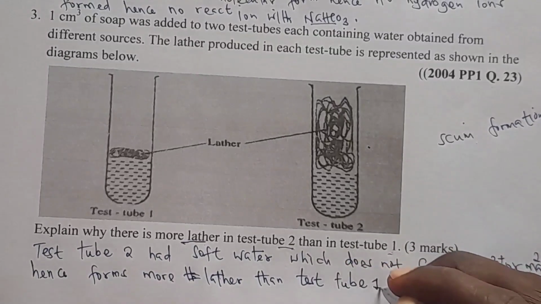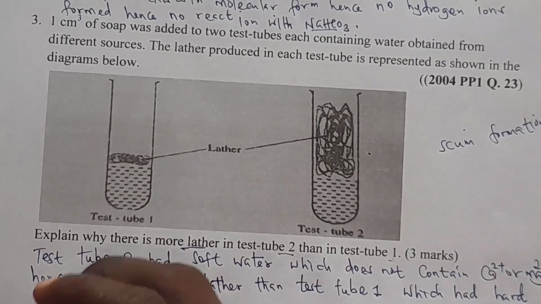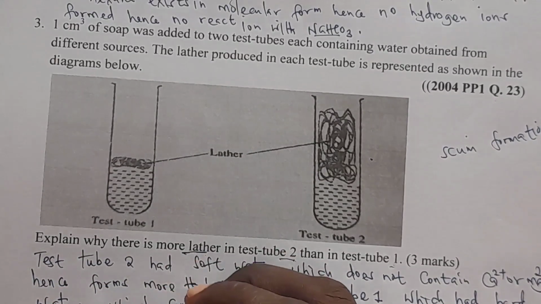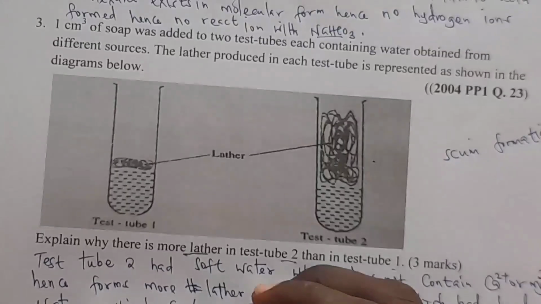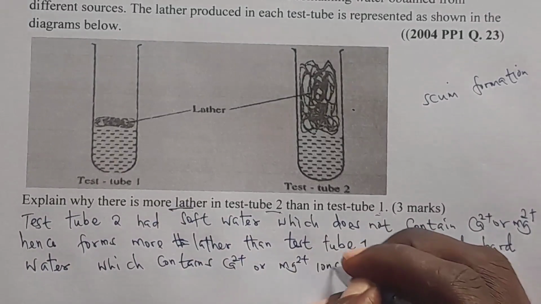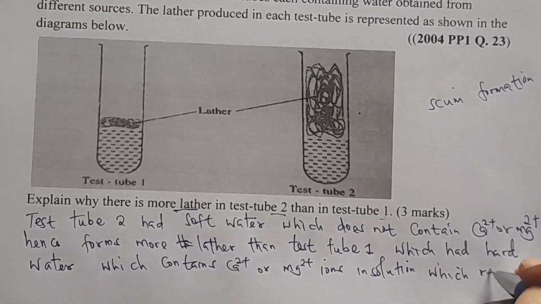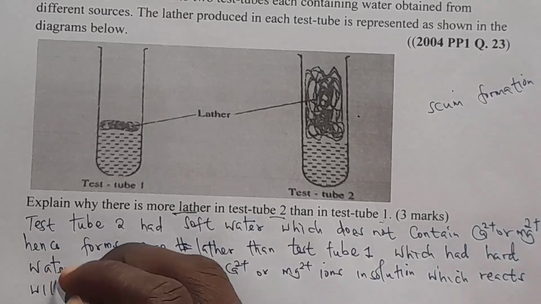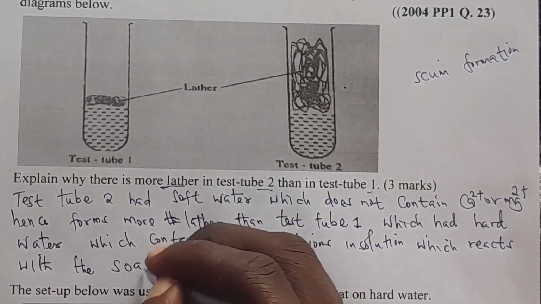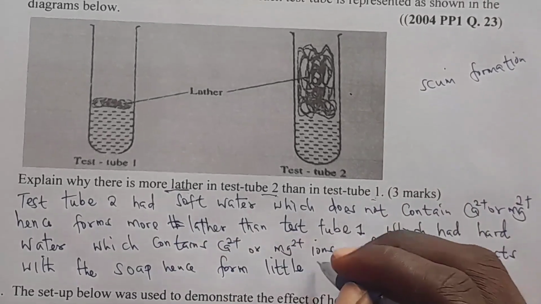Test tube 1 had water which contains calcium ions or magnesium ions in solution, which react with the soap, hence forms little or less lather.